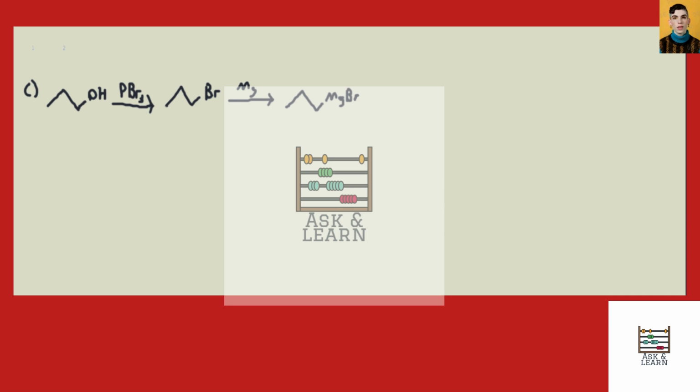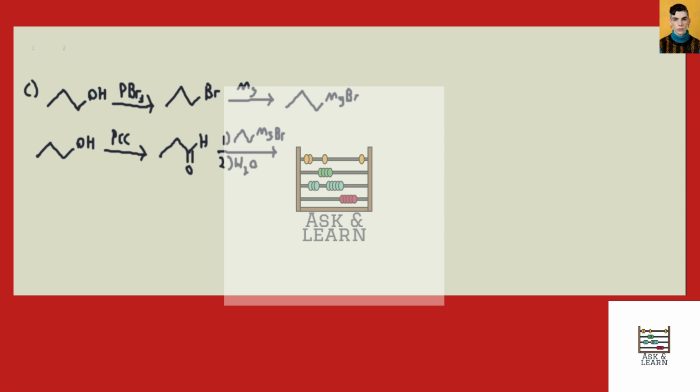We need to then start from 1-propanol again and oxidize it. Now we have the aldehyde. And so now that we have this aldehyde, we can use the Grignard that we made just above this, followed by water workup, of course.